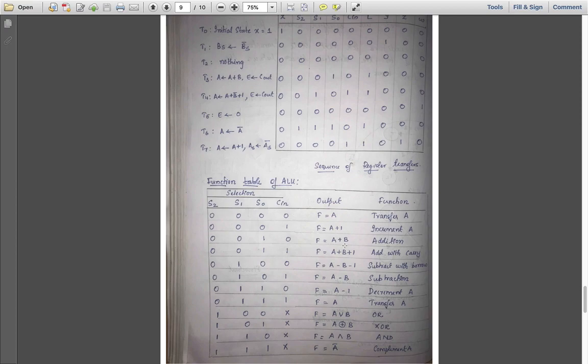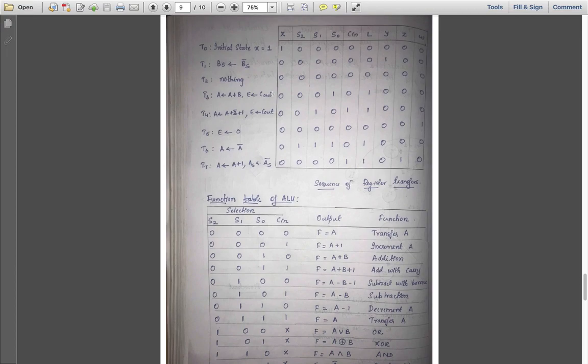For addition to happen, the bits that need to be set are: S2 remains 0, S1 remains 0, S0 should be 1 and Cin should be 0. So S0 is set to 1, and the reason why L is set to 1 here is that whatever carry is there, you are now going to load it to E.